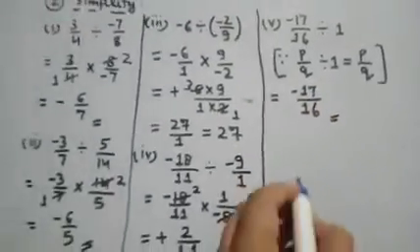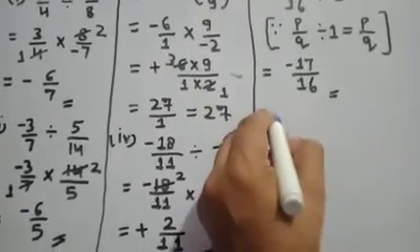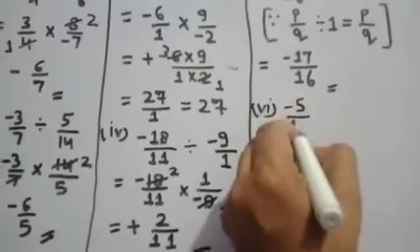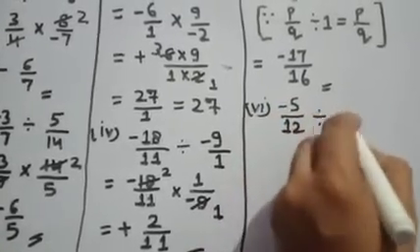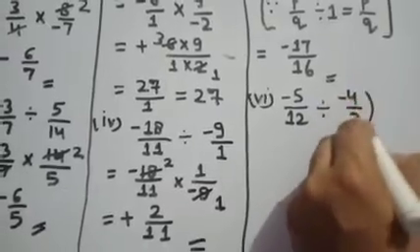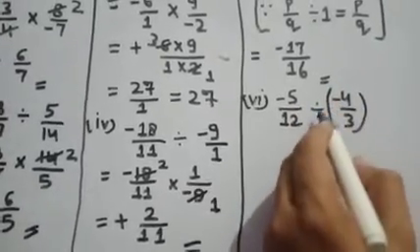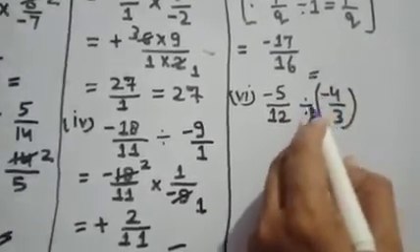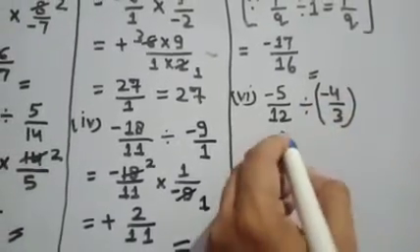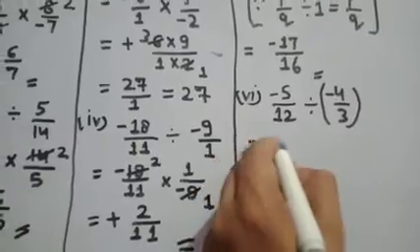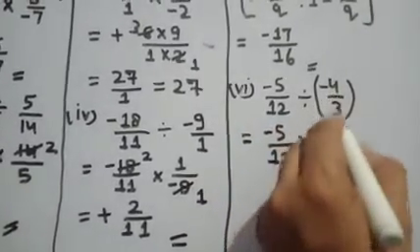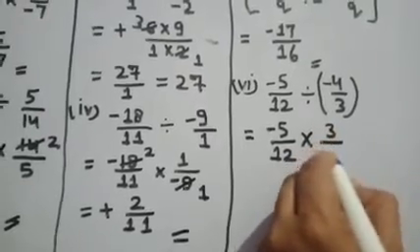And the last part, minus 5 upon 12 is divided by minus 4 upon 3. Student, note this: if division and negative come together, then you can use a bracket after the division symbol. Then minus 5 upon 12, now multiply, this is the reciprocal.